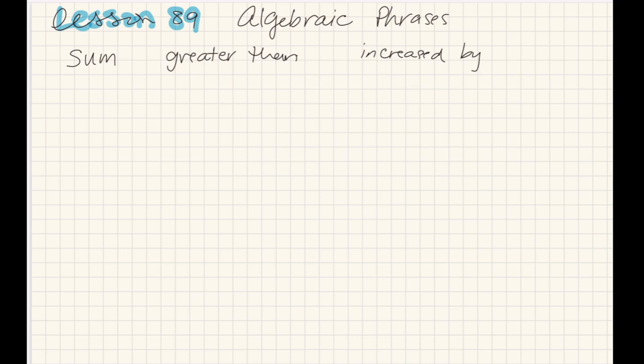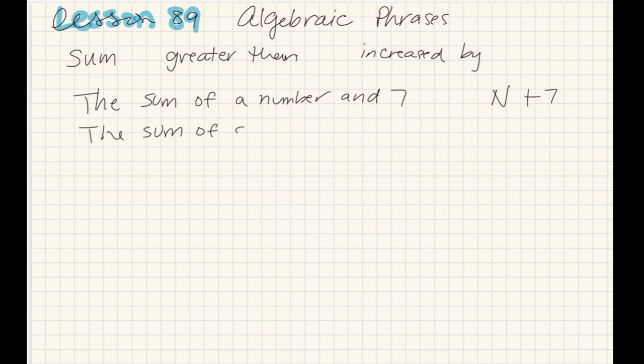So if I have the sum of a number and 7, the way I would write this is n plus 7. If I had the sum of a number and -7, I would actually write it as n minus 7.